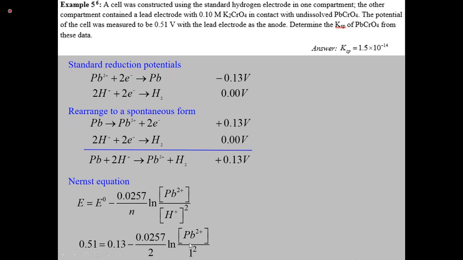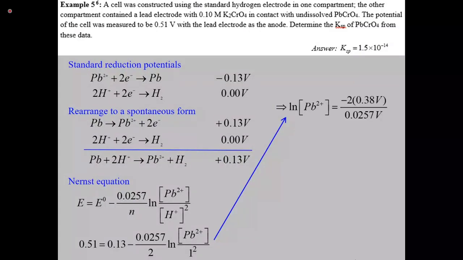And then the equilibrium constant has a concentration of H plus on the bottom at 1. That's another characteristic of the standard hydrogen electrode. H plus concentration is set to 1, which makes for simple math here. So the only unknown is the lead in the log term.